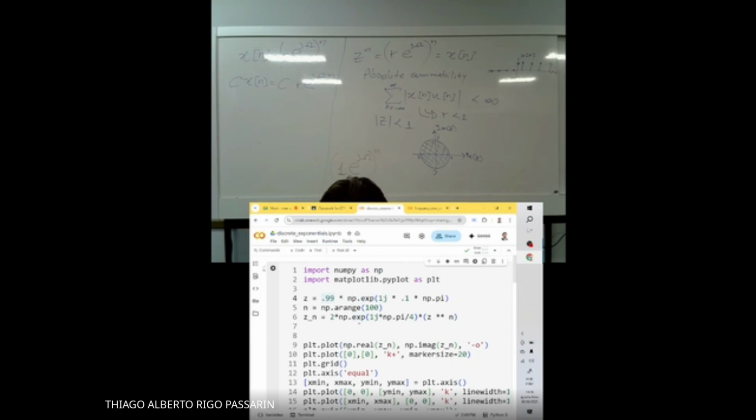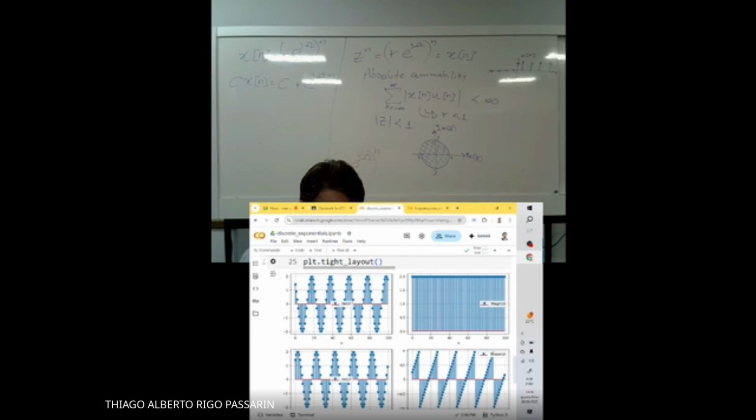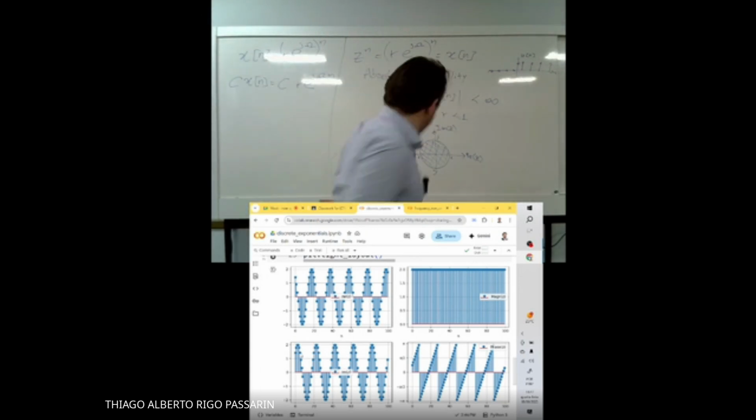So I'm adding phase, and this is the phase I've just added. I have here cosine of omega n plus 45 degrees, and here I have the sine of omega n plus 45 degrees.